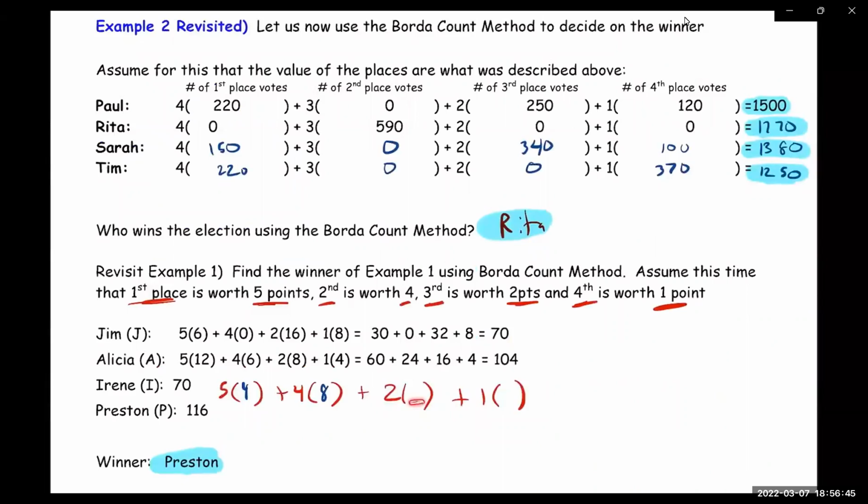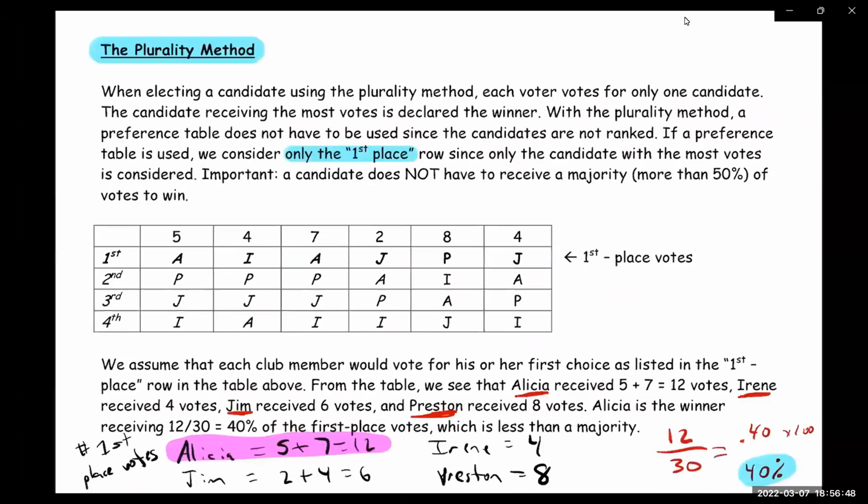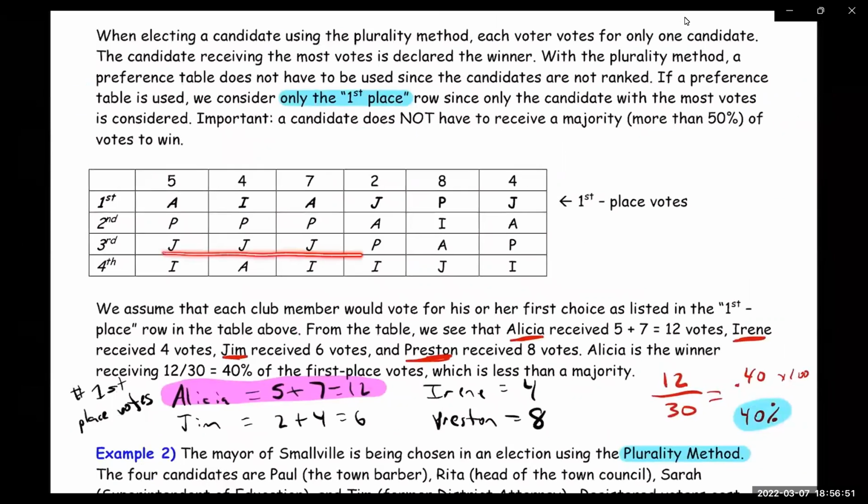How many third place votes did she get? Looks like none, right? 0 third place votes. And then how many fourth place votes? 5 plus 7 plus 2 plus 4. That looks like 18, I believe.